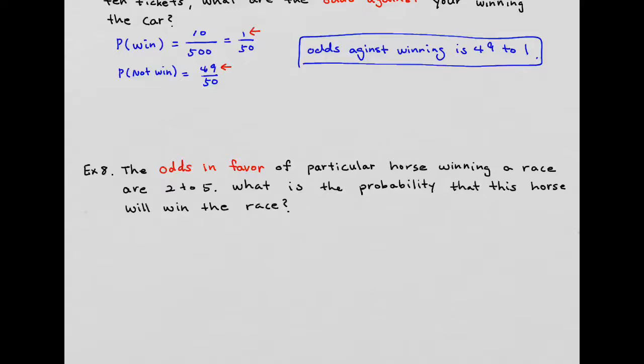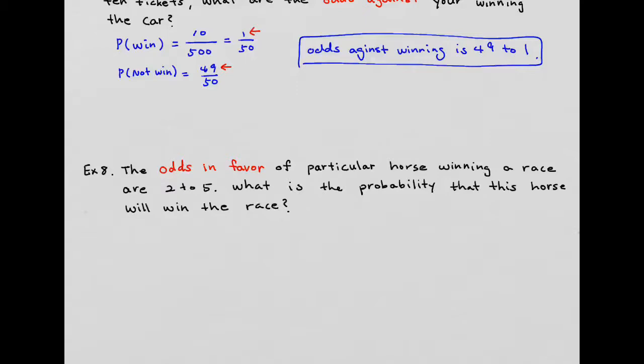Let's look at one last question from this section. Example 8. The odds in favor of a particular horse winning a race are 2 to 5. What is the probability that this horse will win the race? So this problem is going the other direction. Your odds are given and you're trying to find the probability this time.